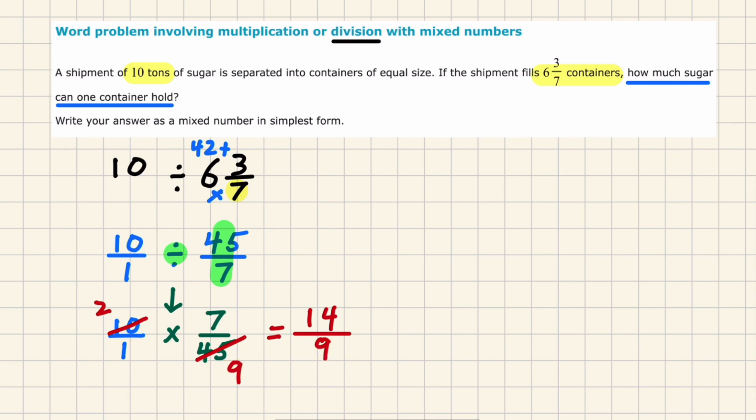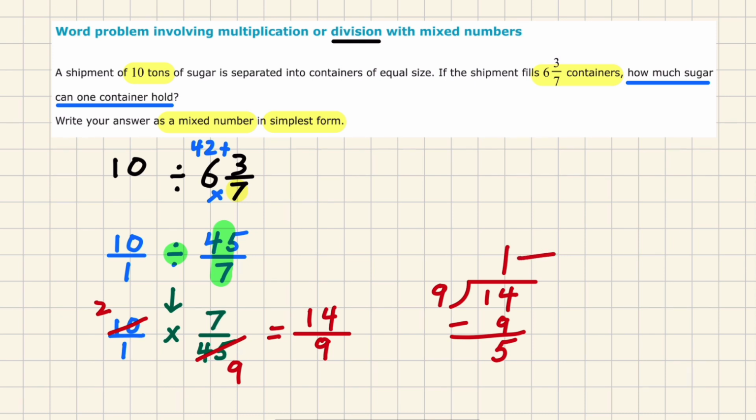14/9 is improper, and we were asked to write our answer as a mixed number in simplest form. So converting, we would divide 9 into 14. 9 goes into 14 once. 1 times 9, a 9, giving me a remainder of 5.